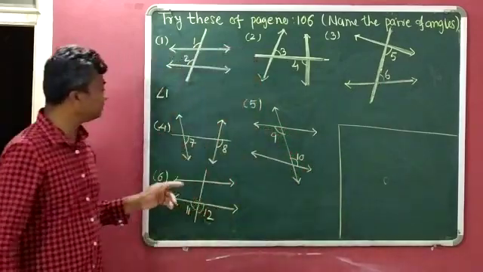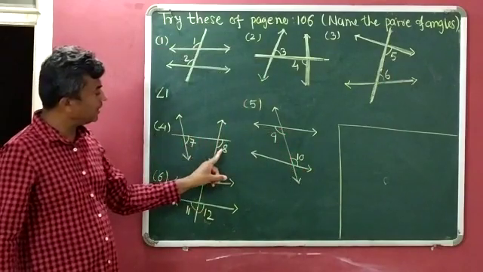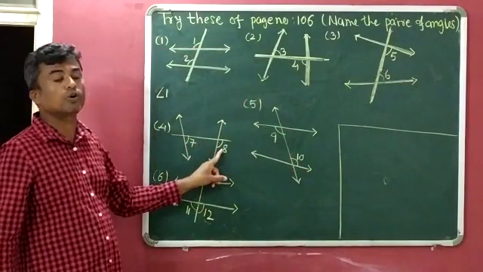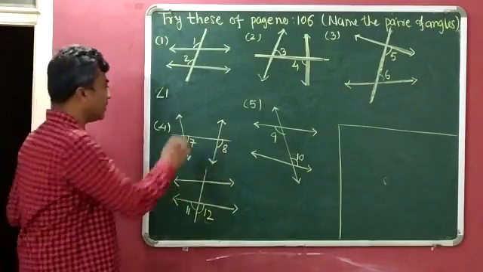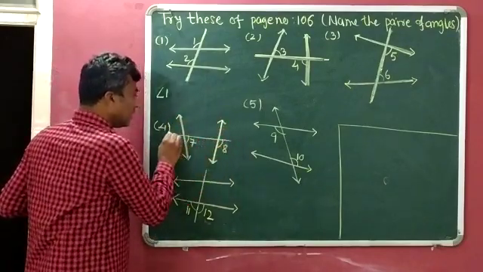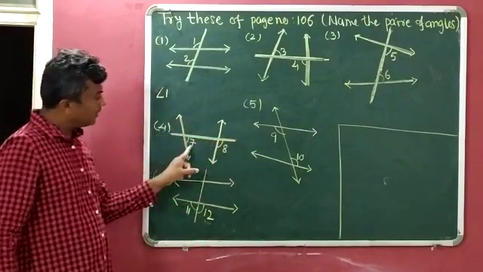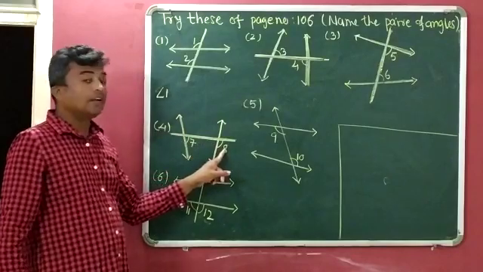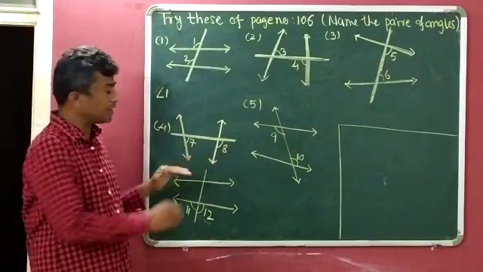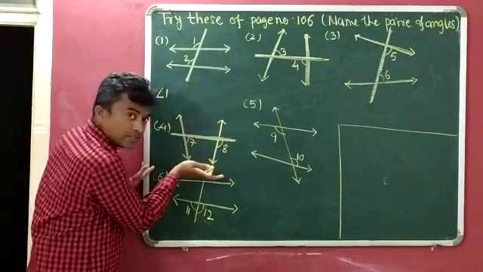Now question number 4. Angle 7 and angle 8, the name of this pair we have to identify. This is one line, this is the second line and this is the transversal. Angle 7 and angle 8 lie on the same side of the transversal, below it, and their position is corresponding. Both are downside angles.